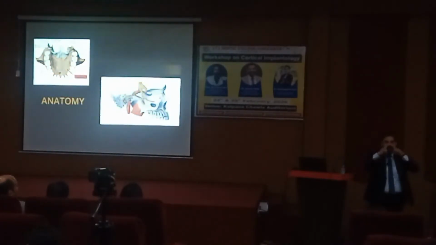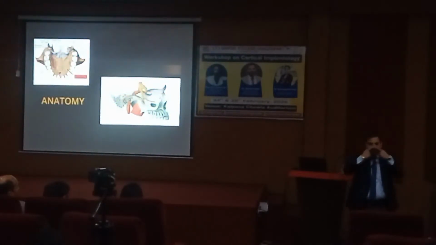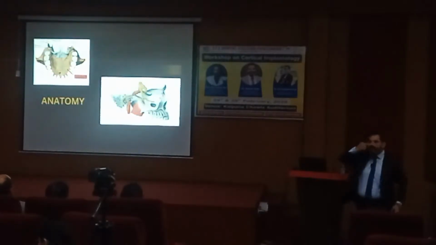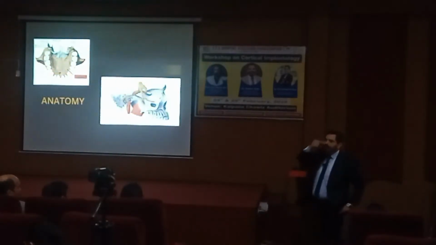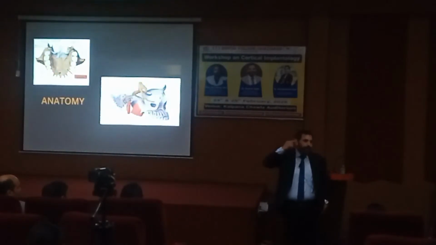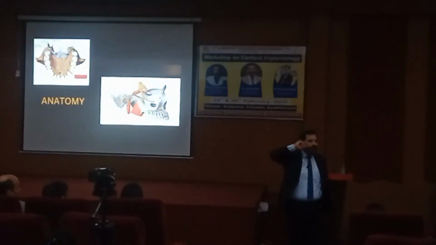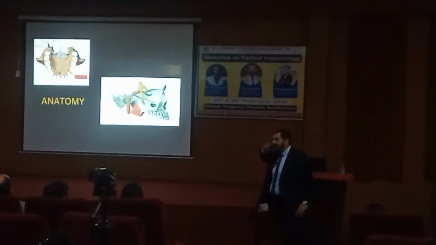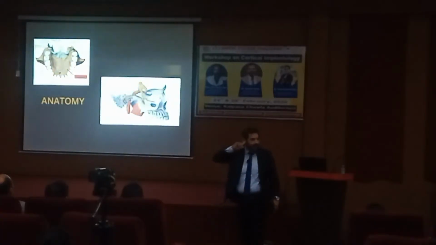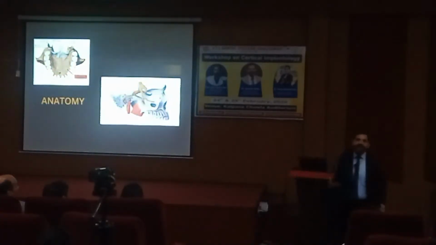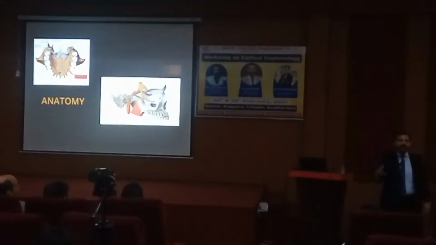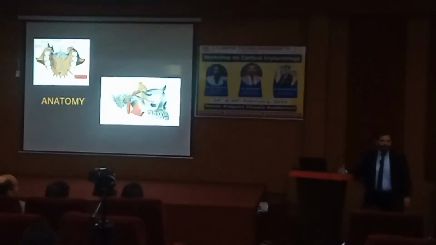Because we are placing implants over here, we should understand the nasal floor. Because we are dealing with this area, we should know about the region of the sinus. Because we are dealing with the posterior to the sinus, we should know about the sphenoid bone or the pterygoid bone. Which part is difficult to understand? Is it the pterygoid, the sinus, or the nasal floor?